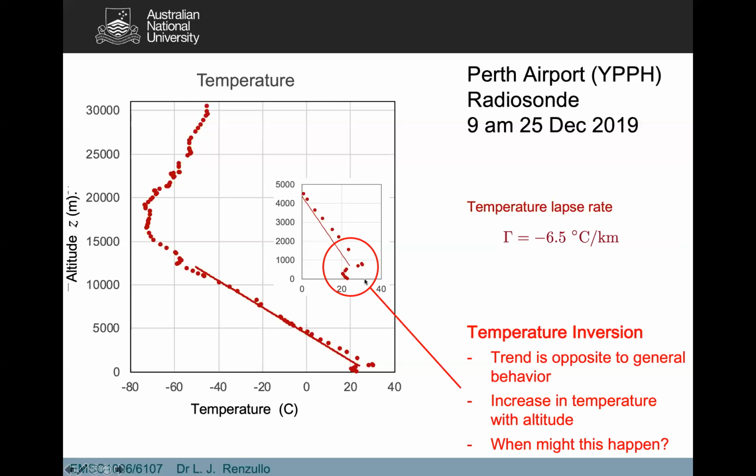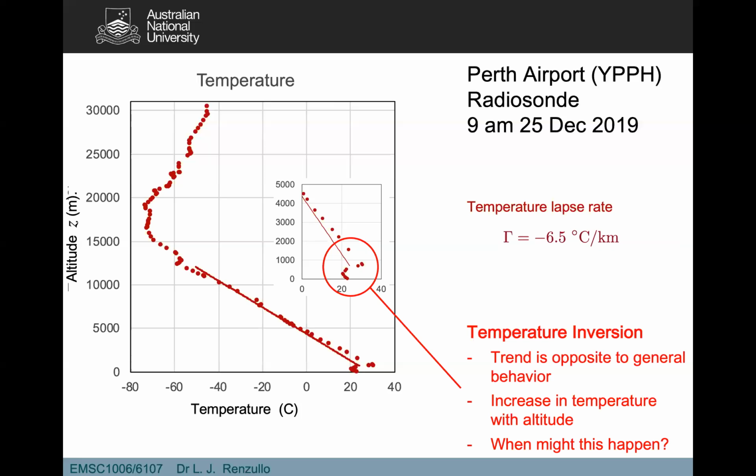So when temperature starts to exhibit this behavior that's contrary to what we expect, namely an increase in temperature with altitude rather than an expected decrease, that's called a temperature inversion. And so, as I said, it's the trend in the opposite direction to what we generally expect.